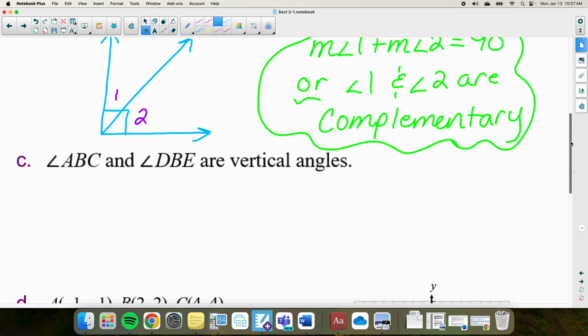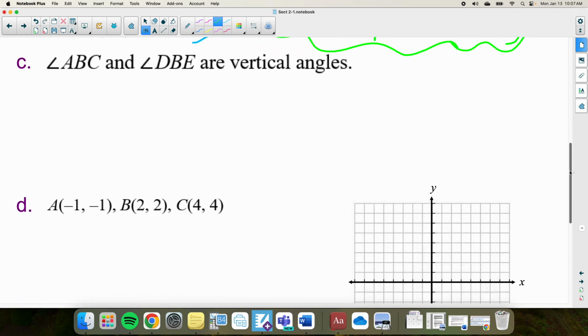Okay. Now let's look at C. It says angle ABC and angle DBE are vertical angles. And this again is from before Christmas break. So I'm going to draw this.